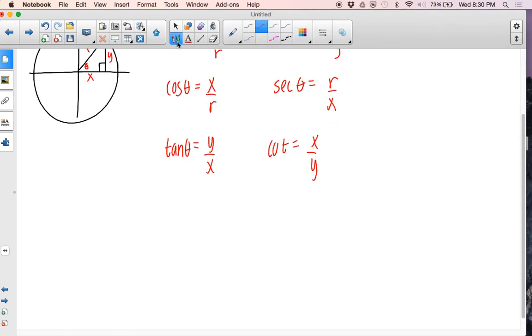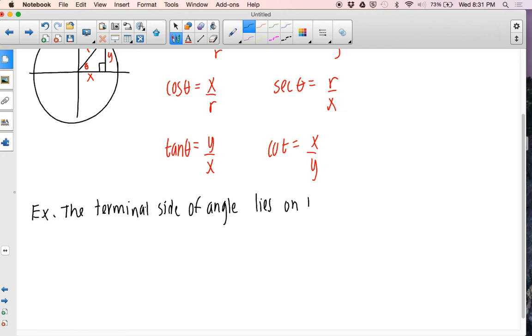Let's say I tell you that the terminal side of an angle lies on the point -2, 3, and I want you to find all 6 trig functions for that theta. First, my radius I don't know, so I'm going to draw a picture.